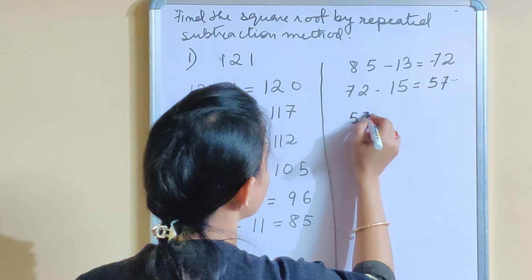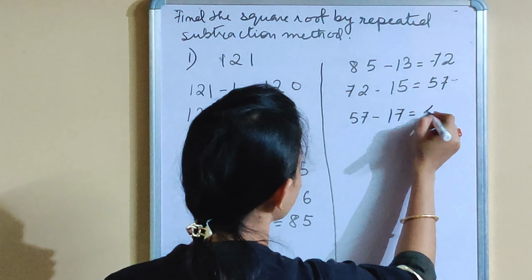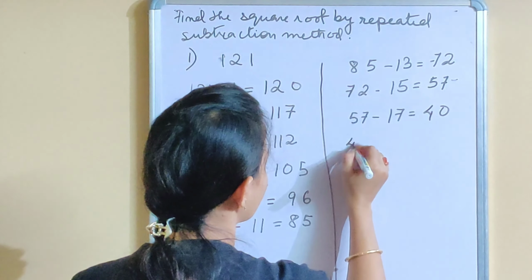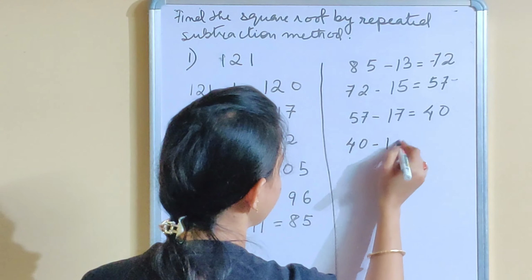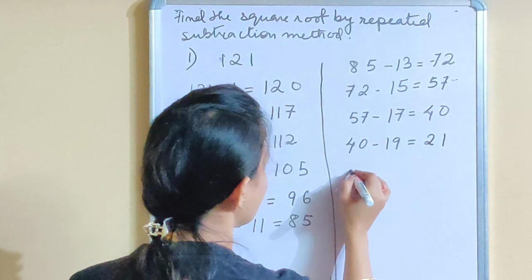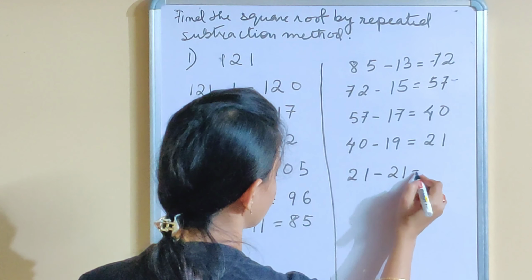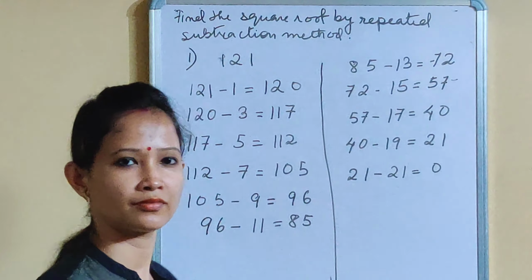Next 57 minus, after 15 it is 17. So it is going to be 40. 40 minus, after 17 is 19. So it is going to be 21. 21 minus, after 19 it is 21. So it is 0. Got?